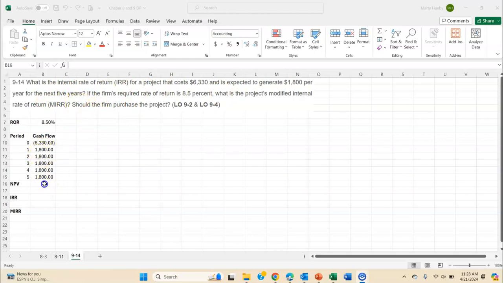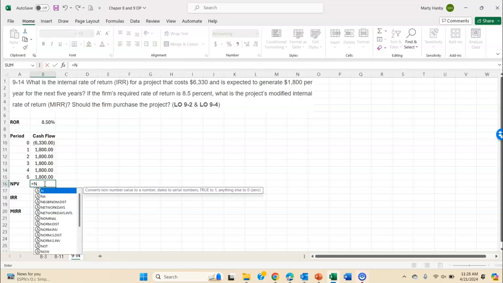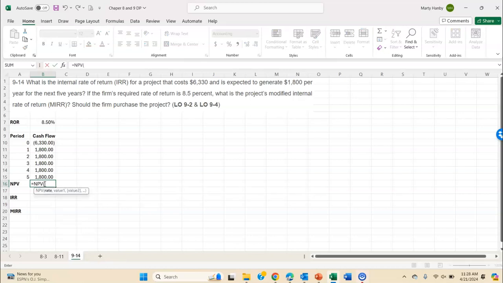So first what I'm going to do is NPV, or net present value. So we do equals NPV, and then the first thing we enter is the rate, and then comma. Now we select the range. For NPV, we're going to select everything after the initial cash flow, and then we need to add back the initial cash flow because it's a negative.